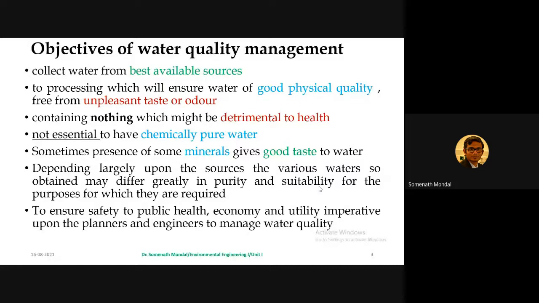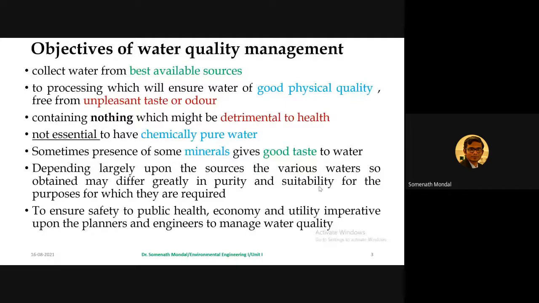Now, to ensure safety to public health, economy, and utility, it is imperative upon the planners and engineers to manage water quality. So many things you need to see. If you can reduce the treatment by getting better quality of water, you can save some money, and that would be huge for the government agency providing all sorts of water supply schemes.